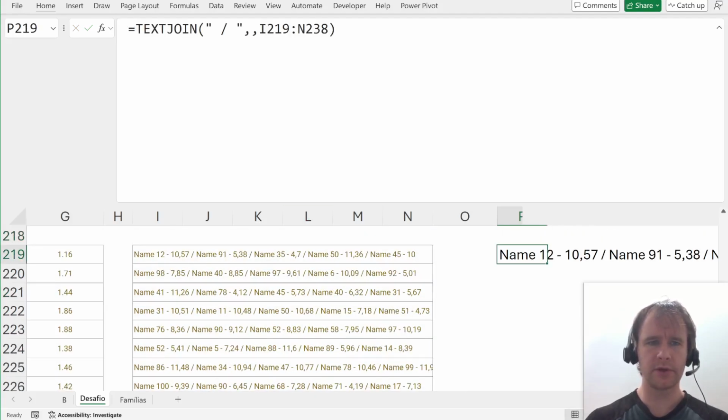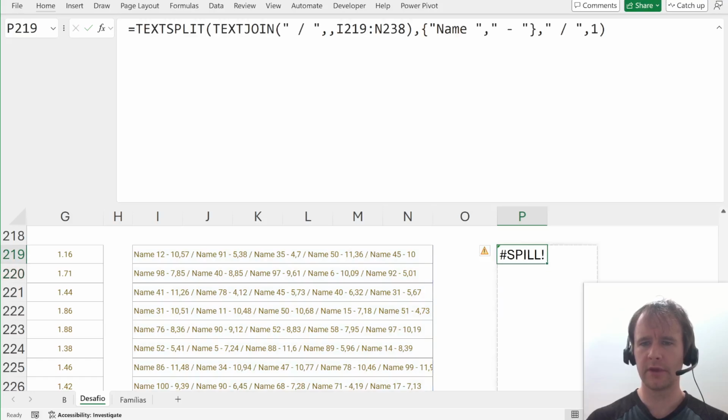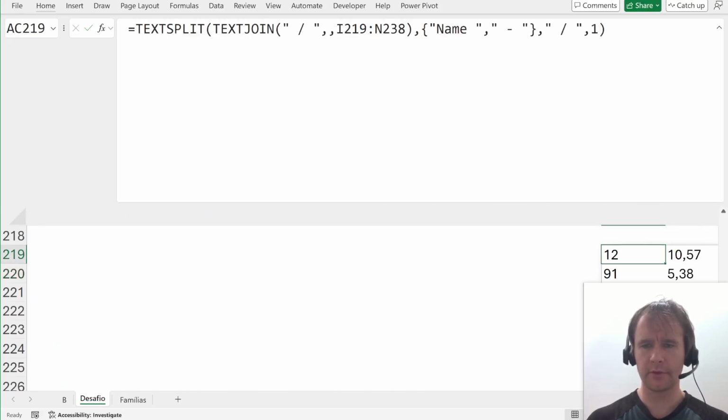Then I want a text split. This by, let's see, by the same way I did it before, which is name, space, and by that. And then the other way by that. Ignoring blanks. Okay, fine. Put it over here.